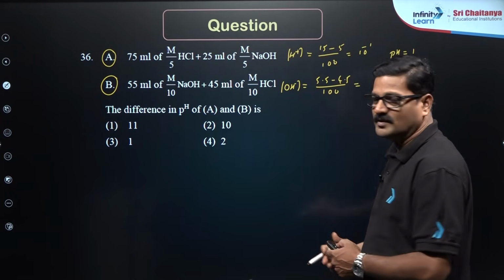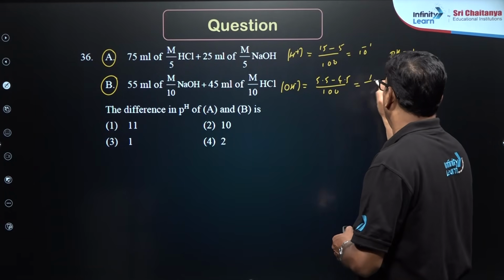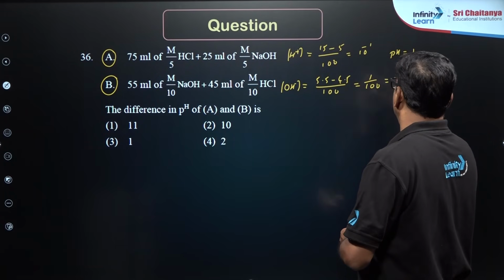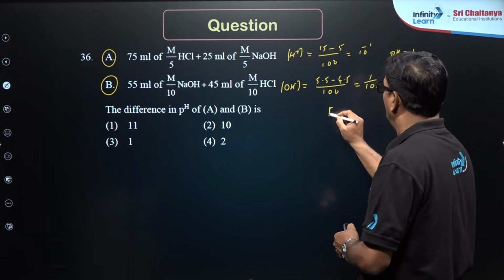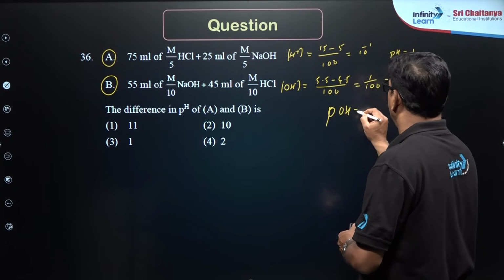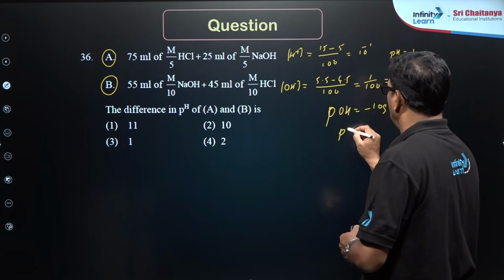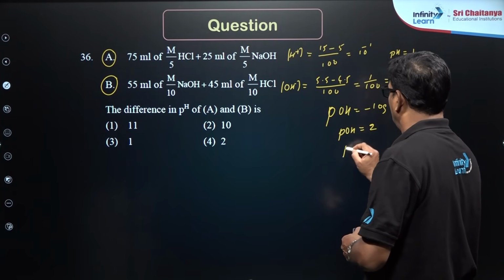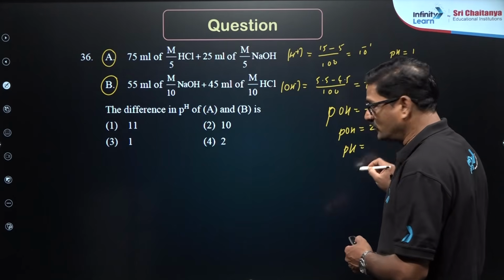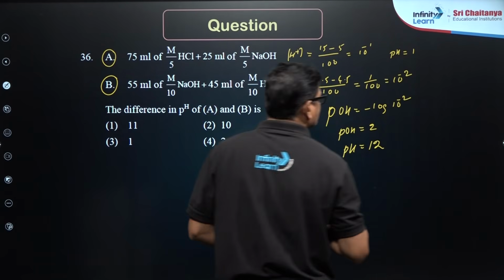So, you are going to get 1 by 100, which is 10 raised to negative 2. So, the pOH is going to be negative log of 10 raised to negative 2, so the pOH is going to be 2 and the pH is going to be 14 minus 2, which is 12.